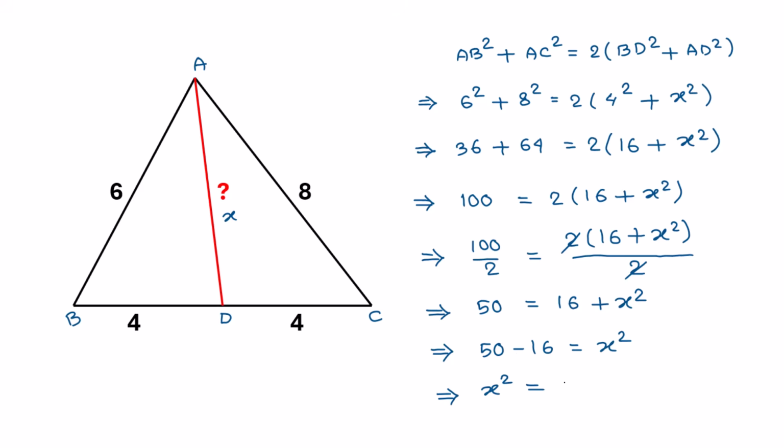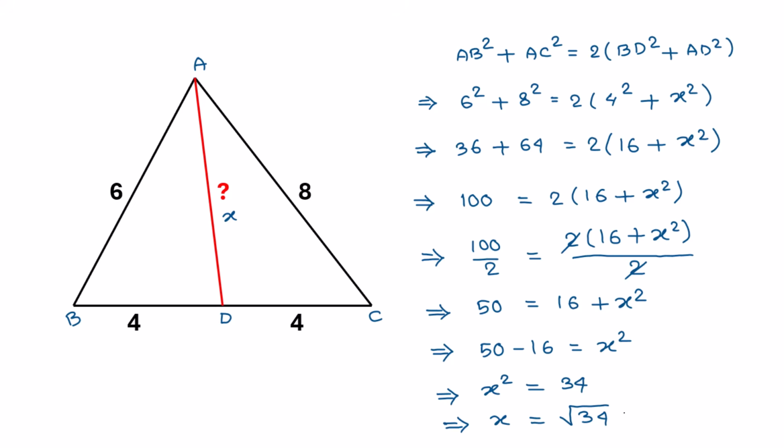So right side will be 34, or taking square root to both sides, we will get the value of X is equal to square root of right side, this is 34.